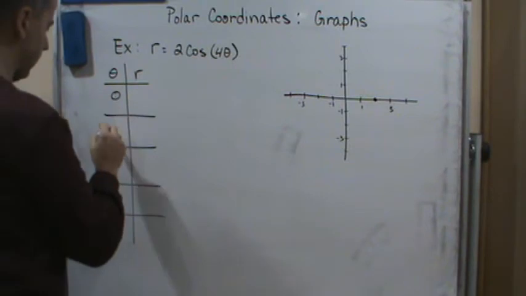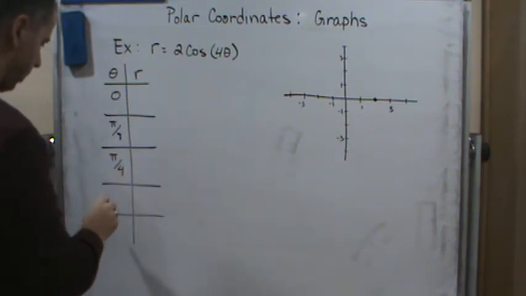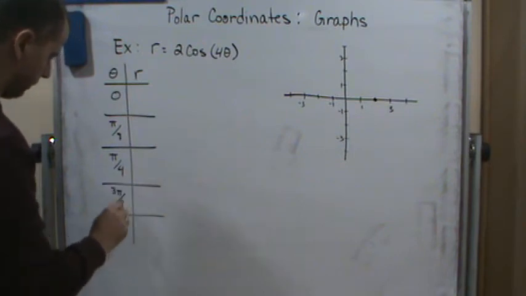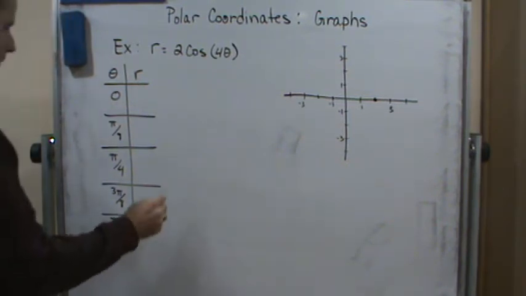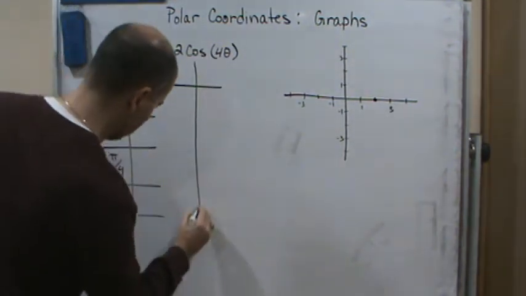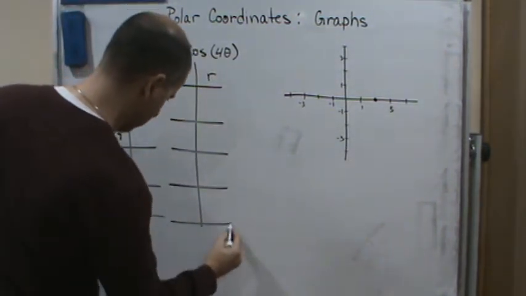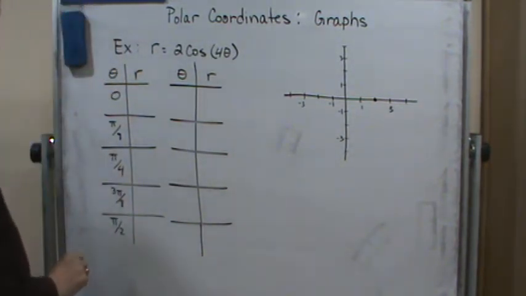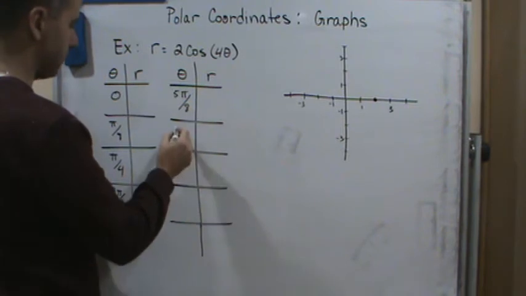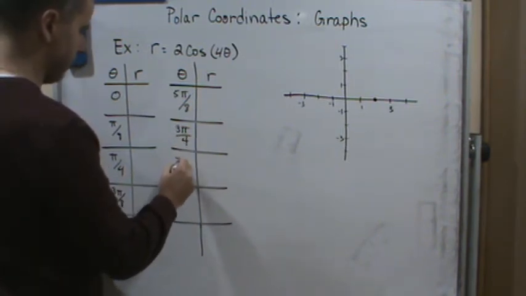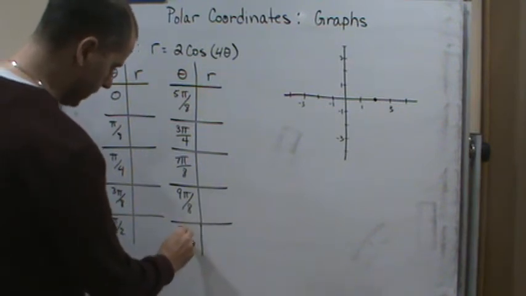We're going to go 0, pi over 8, pi over 4, 3 pi over 8, pi over 2, which is 4 pi over 8, then 5 pi over 8, 6 pi over 8, which is the same as 3 pi over 4, 7 pi over 8, 9 pi over 8, and then 10 pi over 8, which is the same as 5 pi over 4.